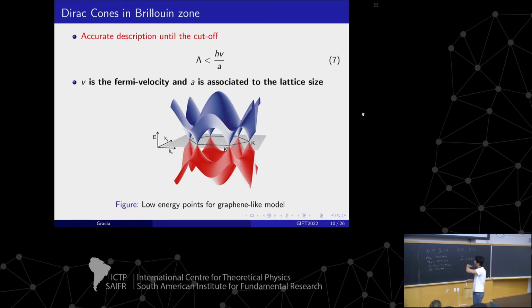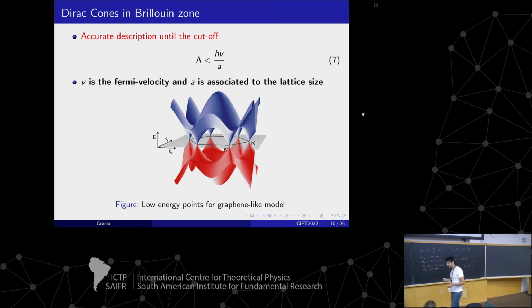If you plot the energy profile around the Brillouin zone, we can find K and K prime points of minima, the so-called Dirac cones. Why cones? It's simple to see. And for this, we can define a Dirac-like dispersion at these low energy points.